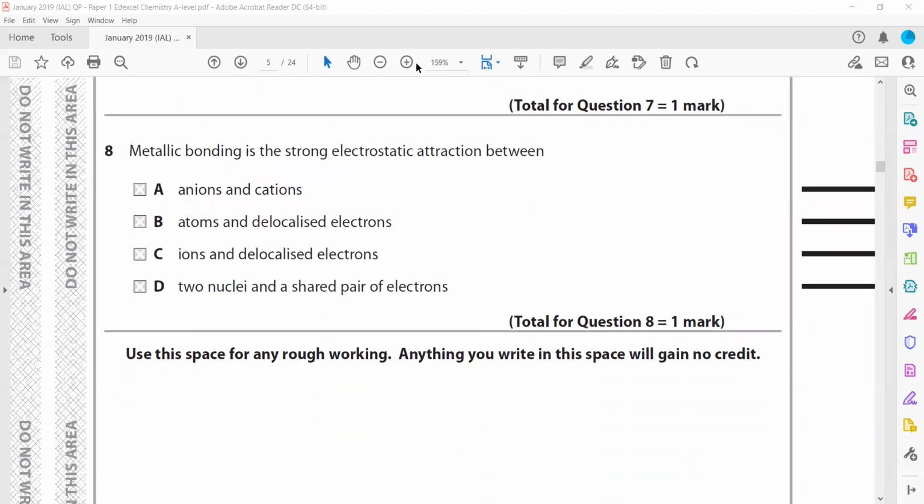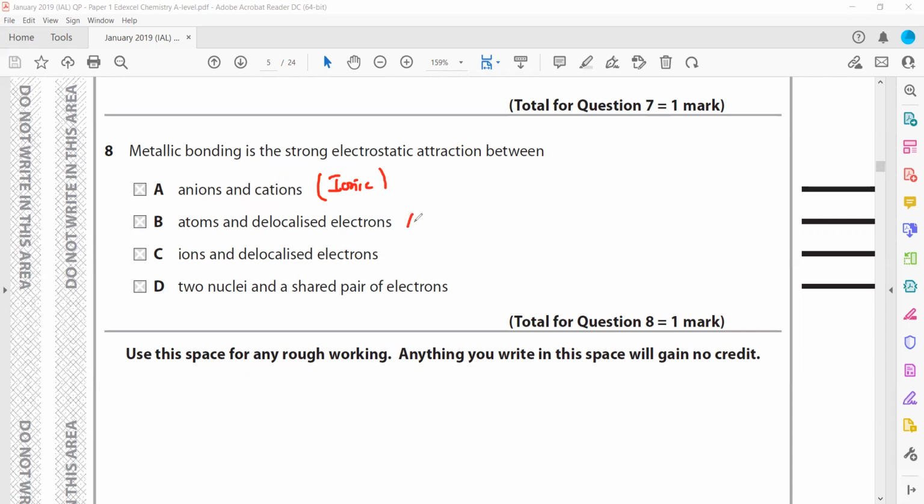A metallic bond is a strong electrostatic force of attraction between the positive ion and the delocalized electron. So when we check the options: the force of attraction between anion and cation is known as ionic.